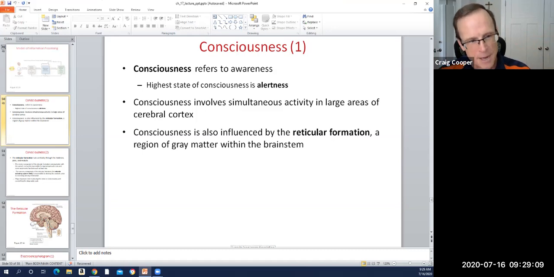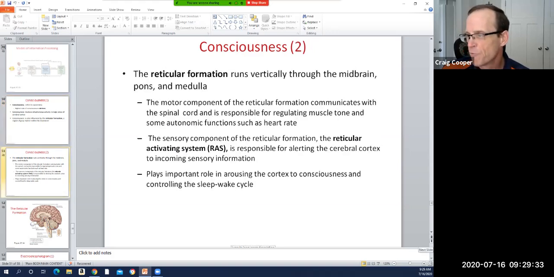Aren't you supposed to be awake now? And then it sends a message to the cerebral cortex. It's like, hey, don't you hear that alarm? Wake up. And the brainstem, the pons and medulla, is where that reticular formation is. That's what helps us come to and recognize, oh, okay, I do need to get up. That alarm is going off. I better shut it off.